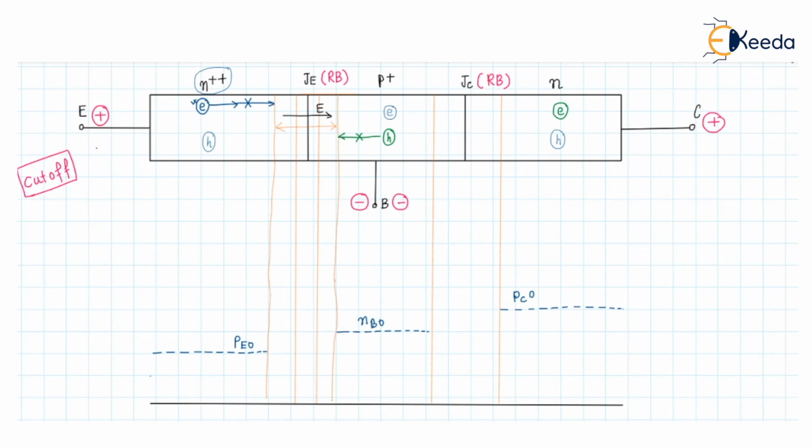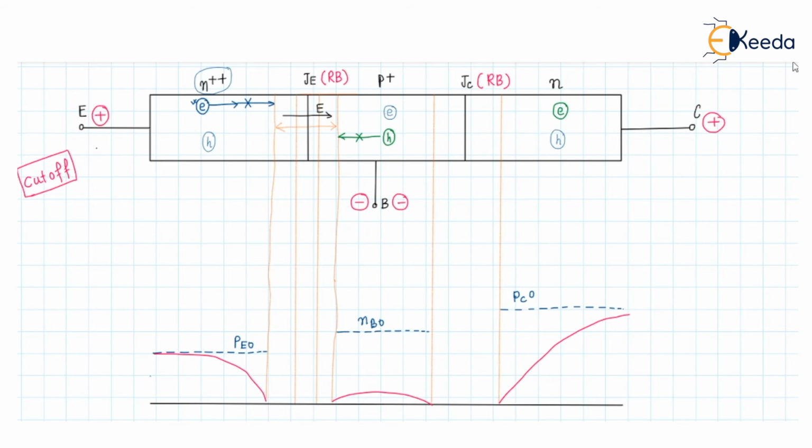Now, after applying the bias, what will happen? After applying the bias, the minority carrier concentration profile will vary like this inside the emitter, and the minority carrier concentration profile inside the collector will be like this.